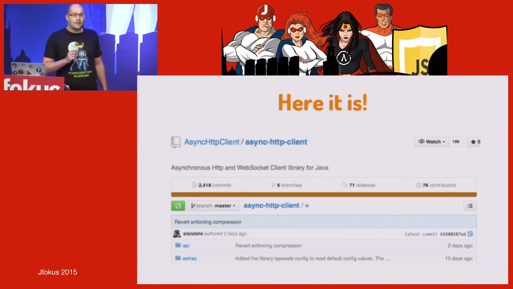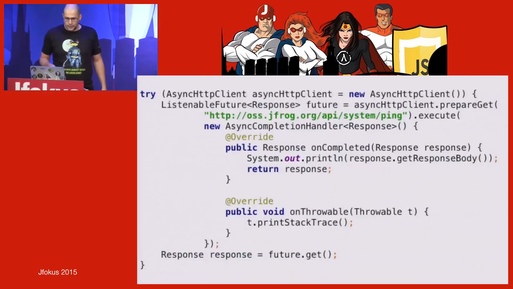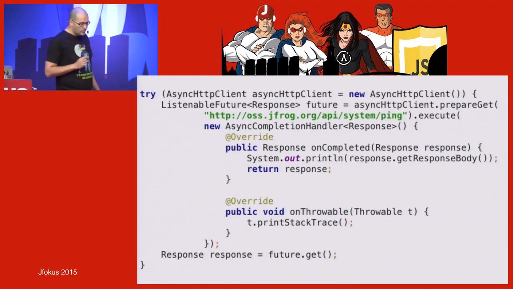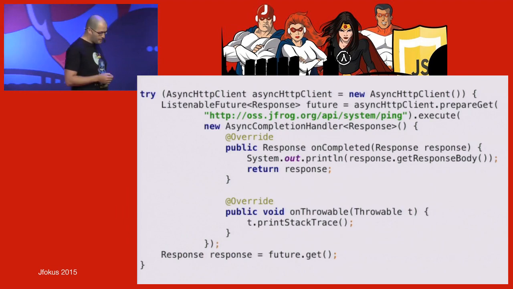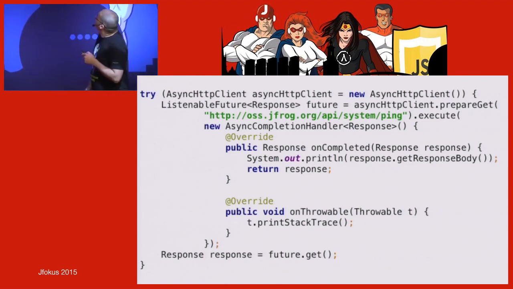And it's time to look at the example usage. And here is the example usage, and let's look at it and see if it's any good. So what do we have here? A client is created, and then we prepare a GET call, we provide some kind of URL, and then execute gets a closure, and this closure fires events on get called, on completed or on throwable.